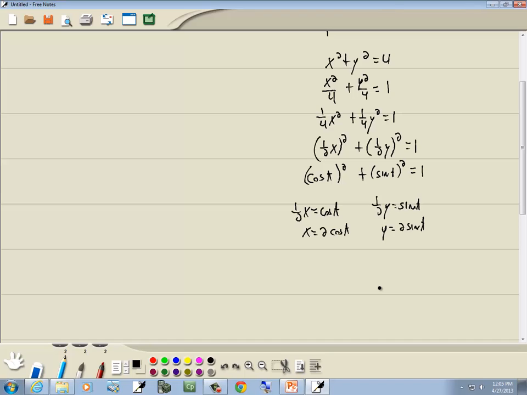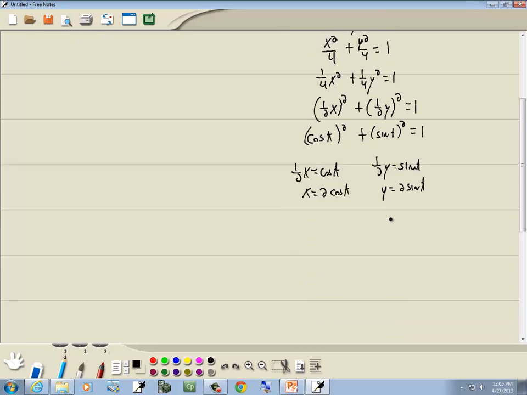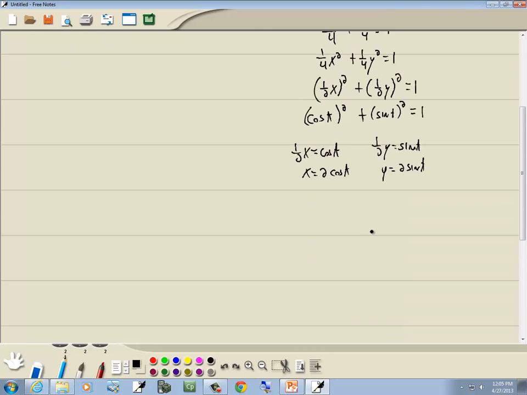Now, in terms of what our t goes between, since we're dealing with sine and cosine, we've reduced it to a unit circle, you can obviously see it goes from t is equal to 0 to t is equal to pi. Now, let's say I didn't see that.